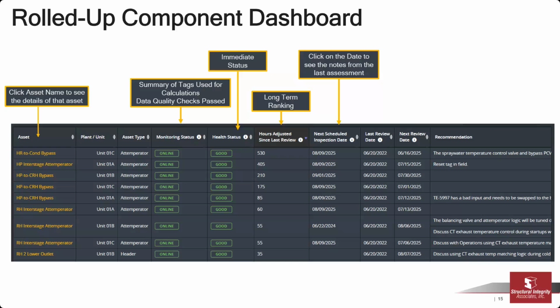That might give you one immediate check on whether or not we need to switch instrumentation. There's going to be more of a short-term check on how much life has this consumed in the past 90 days, for example. And then there's going to be a long-term check on how much damage has this consumed over the life of the component. And ultimately, we're tying all this information in to work with Duke on their future inspection plan.